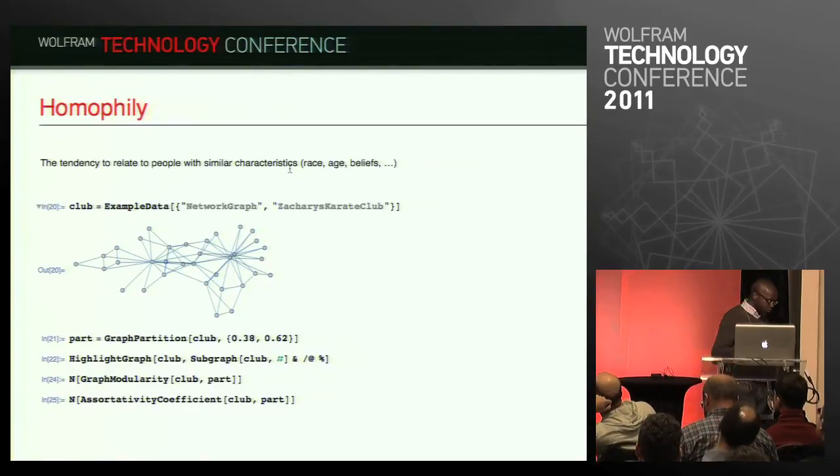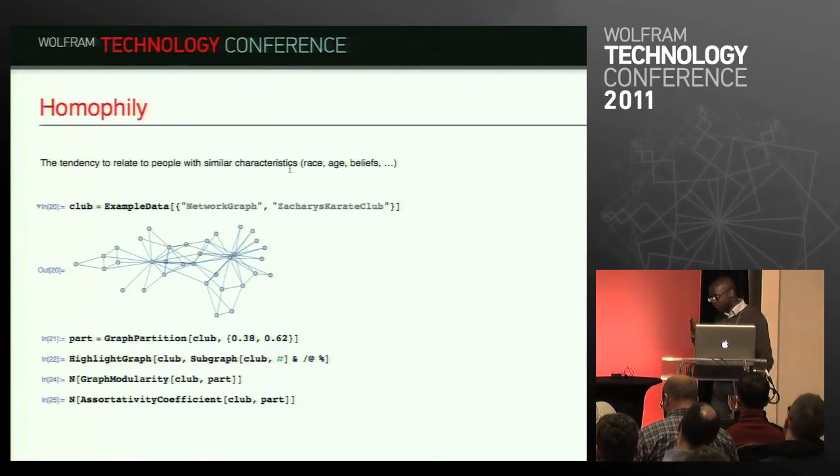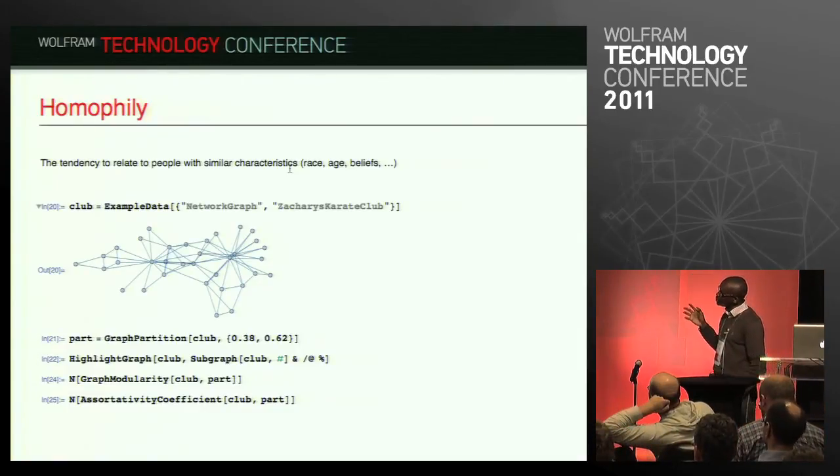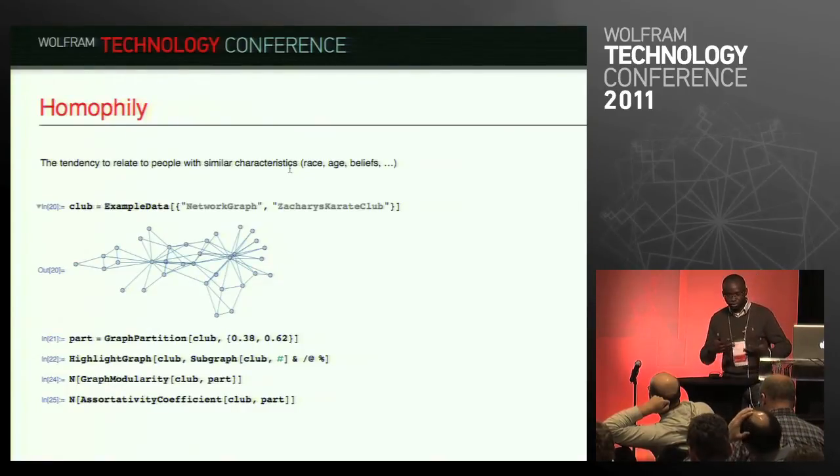So what people in social networks try to do is give a quantitative measure to that. And what they define in this case is what they call associativity or modularity. It's a measure to see how people of the same type relate or associate themselves.